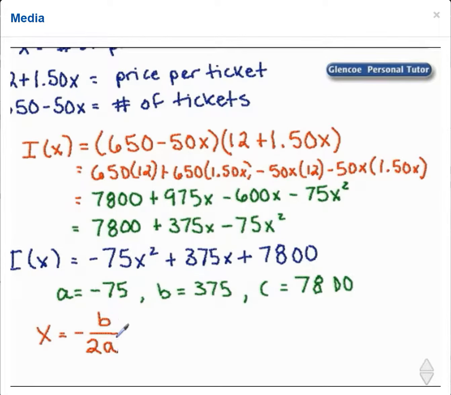So let's substitute these values of a and b into that formula. So x equals negative 375 divided by 2 times negative 75.